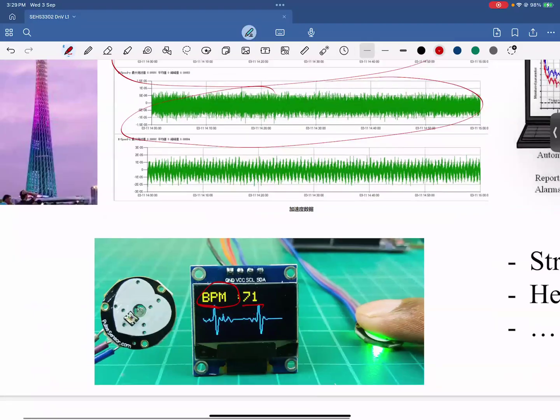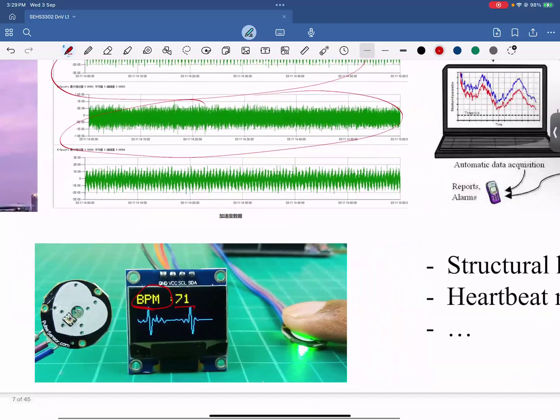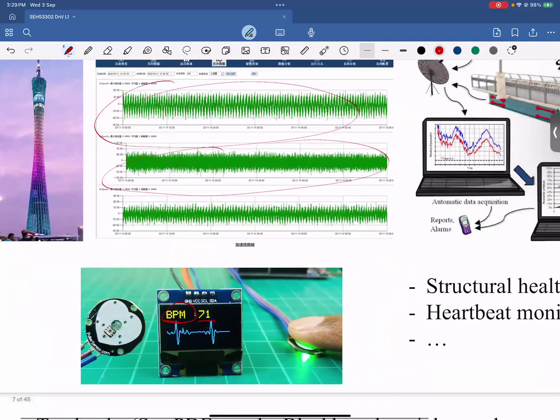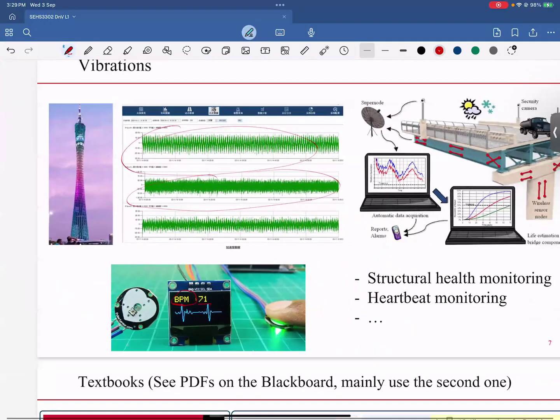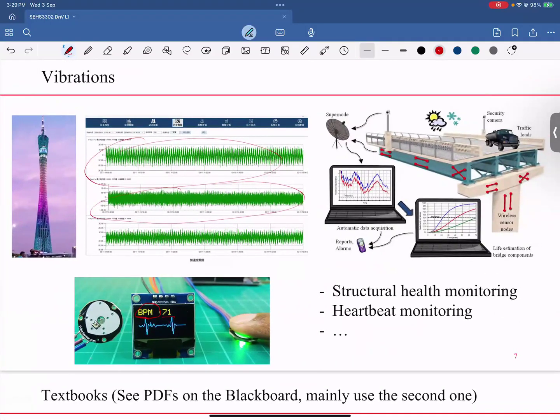Based on the heartbeat, you can develop such small things with very affordable MCUs, such as Arduino, STM32, or other MCUs, or Raspberry Pi, and after class you can search those MCUs.